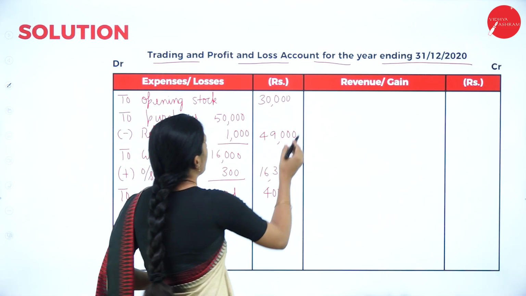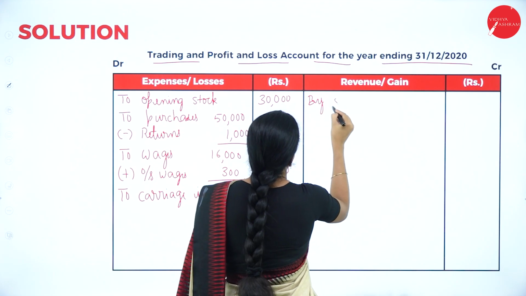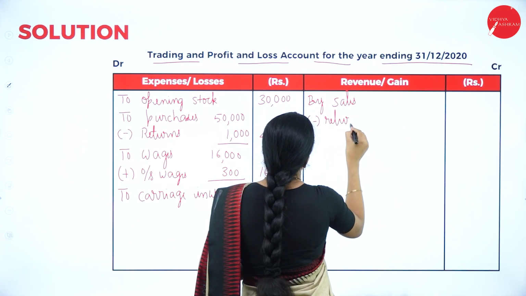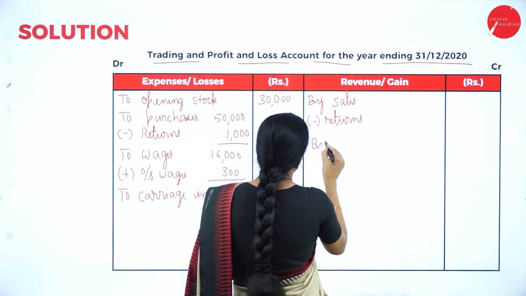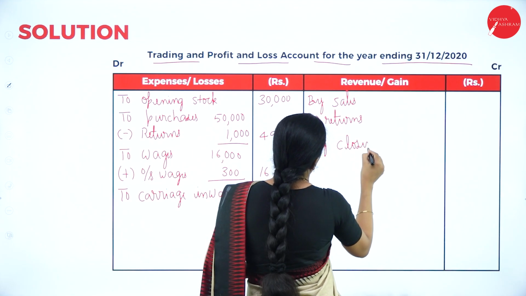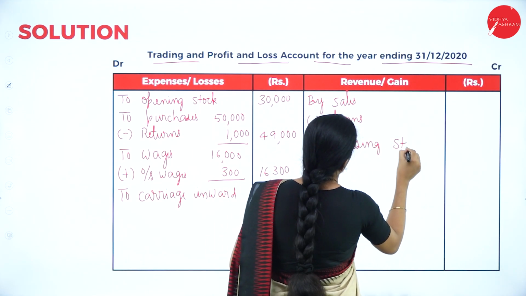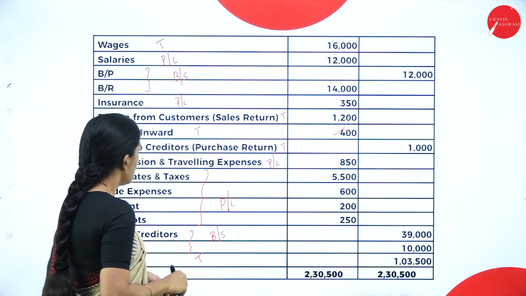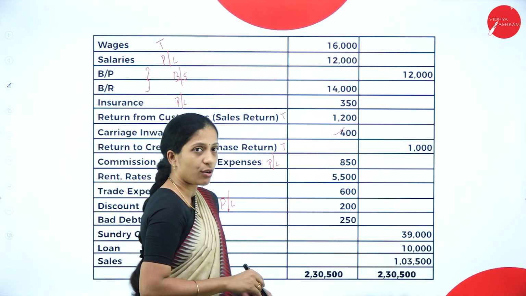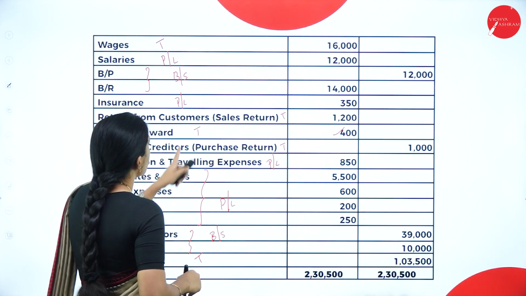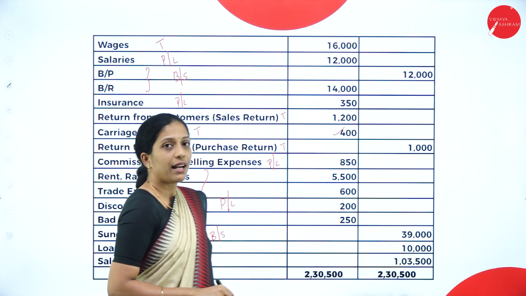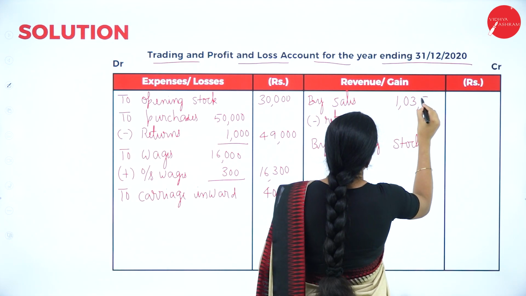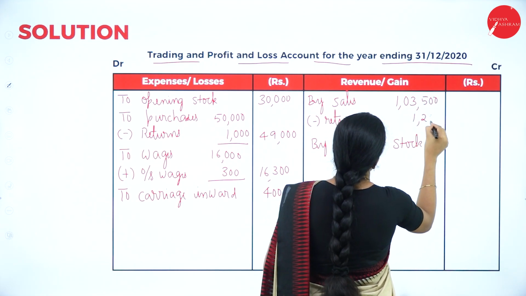So in your credit side, you will write by sales, and we have sales return also. So minus returns, and by closing stock. Closing stock will be there in your adjustments. Now sales amount is 1,03,500 minus sales return 1,200.